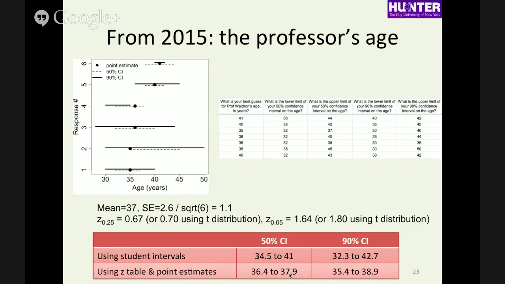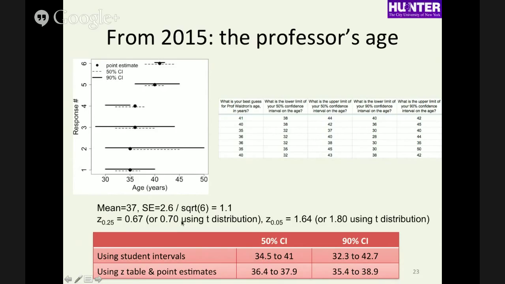Which is kind of interesting because it means that for all of these large intervals that you gave, the spread in the point estimates is not very large. Like, they're only between 35 and 41.